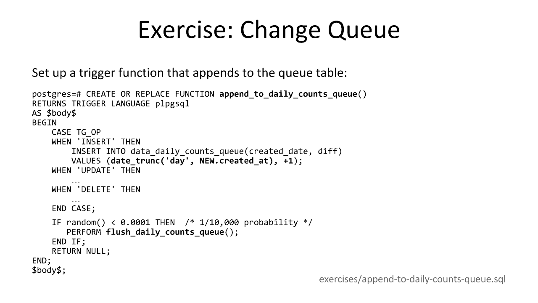If the operation was an insert, what we do is we insert into the queue the created date into the created date column, into the difference column, the value date chunk, day, and created at. That's just another way to specify how to truncate the created at to a date. And then we say +1. And obviously in the other cases, for update we do the +1 and the -1 and the +1, and for the delete the -1.